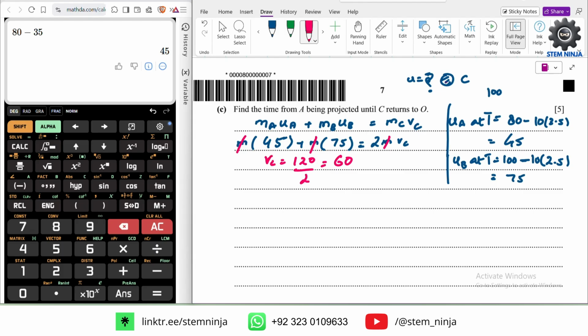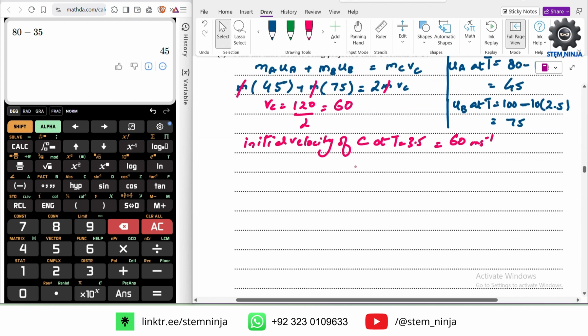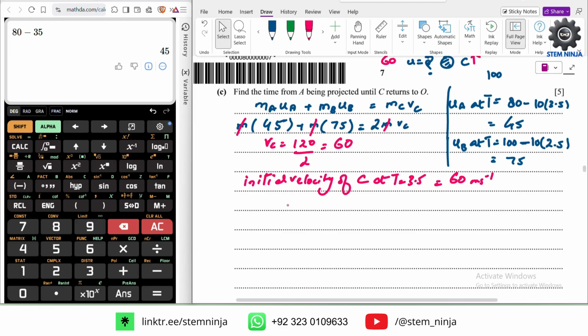This is the velocity with which it starts upwards, the initial velocity of C. So initial velocity of C at t equals 3.5 seconds is 60 meters per second, and this is upwards.